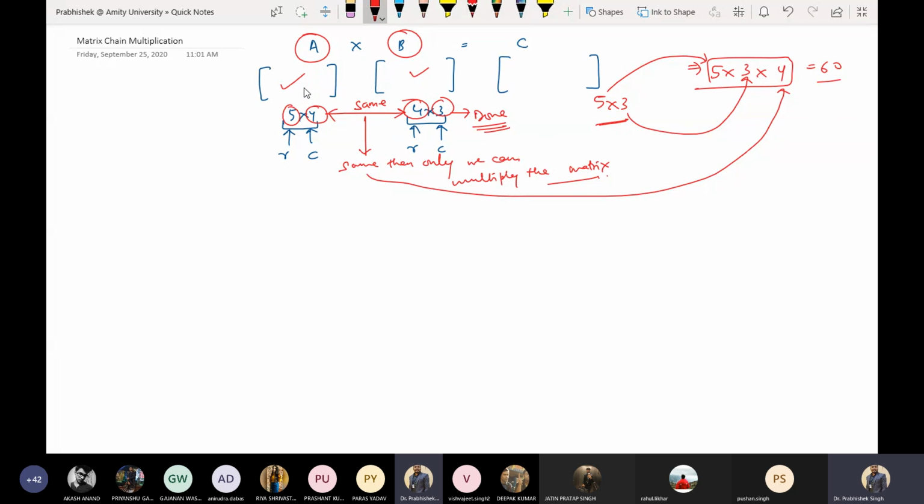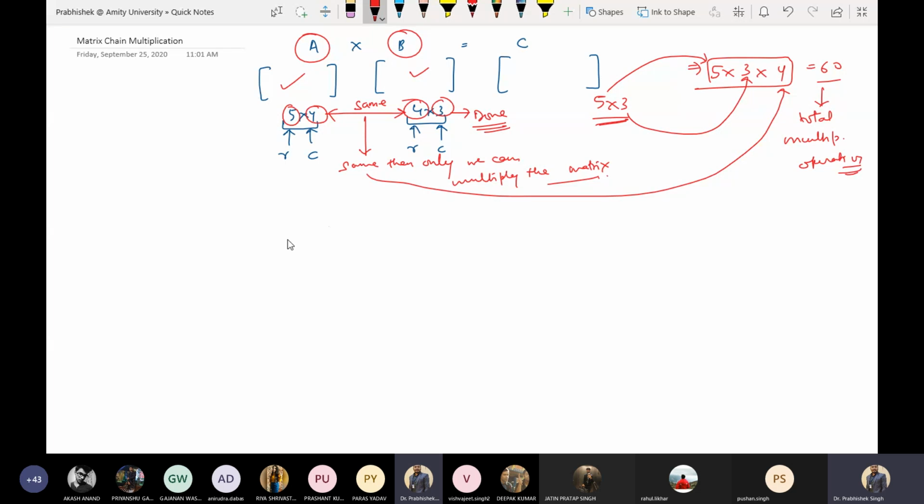So while multiplying matrix A with B, you get C of dimensions 5 into 3, and it requires a total of 60 multiplication operations. So this is the basic of matrix multiplication.